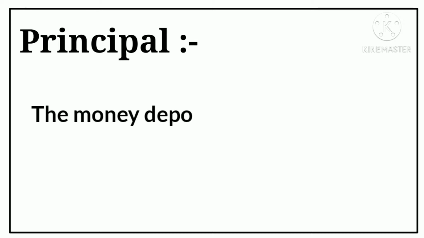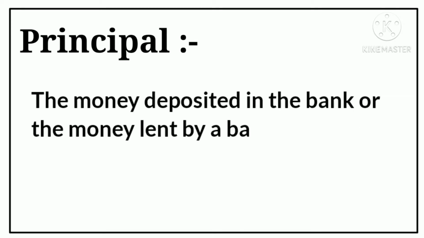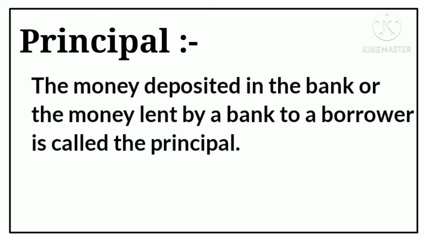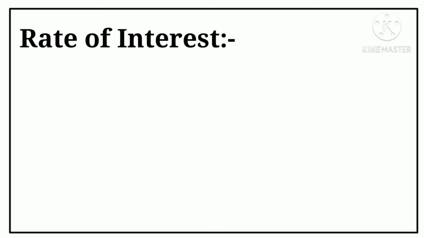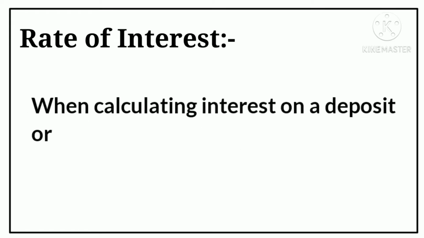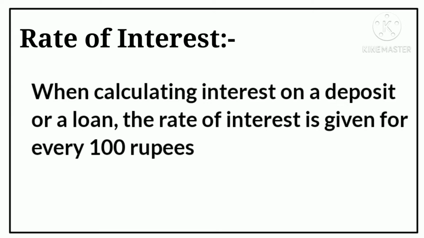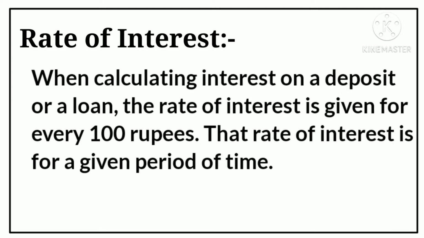Next is principal. The money deposited in the bank, or the money lent by a bank to a borrower, is called the principal. Next is rate of interest. When calculating interest on a deposit or a loan, the rate of interest is given for every 100 rupees, for a given period of time.